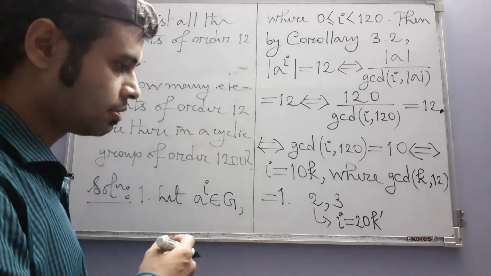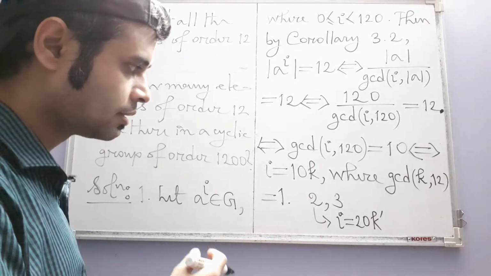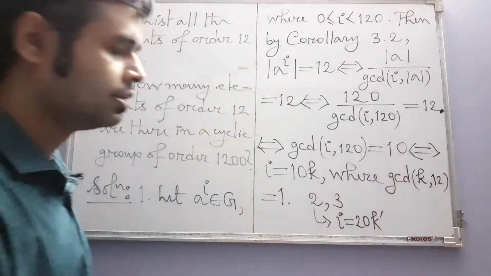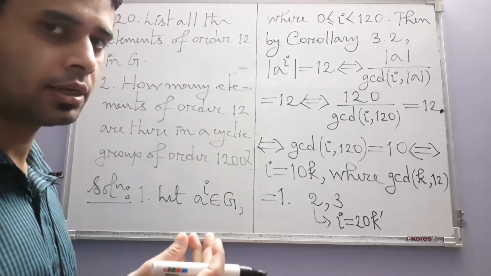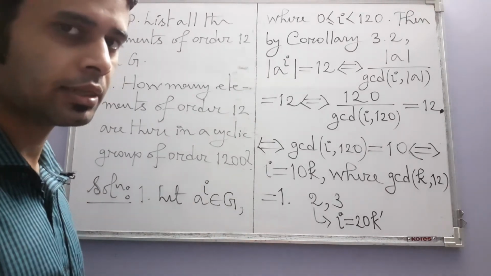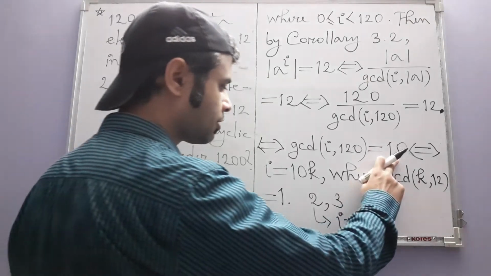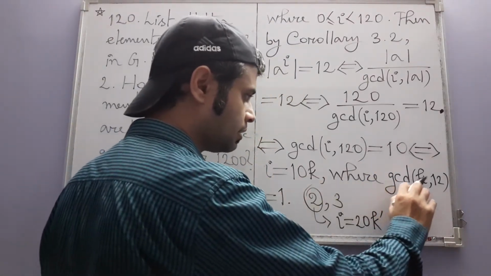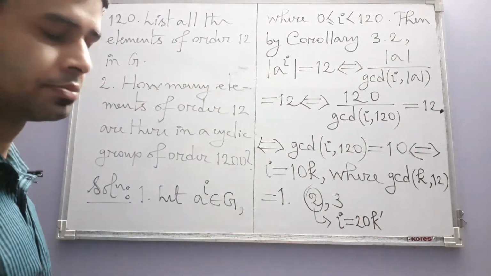So the GCD, being the greatest common divisor, cannot possibly be equal to 10 in this case, because already we have obtained a common divisor 20. So the GCD should be even greater than that or equal to that. So it cannot be 10. So that means 2 cannot divide k and 12 both.